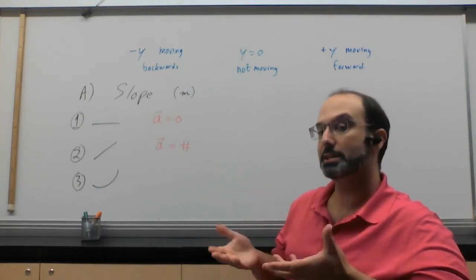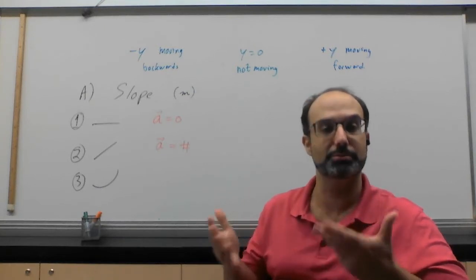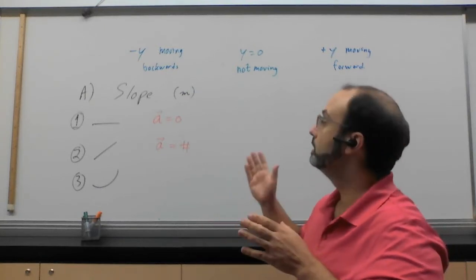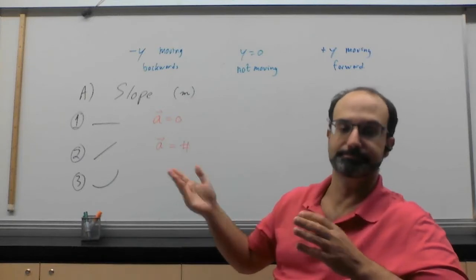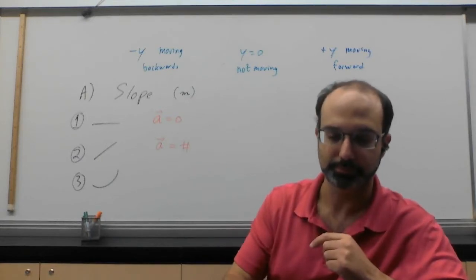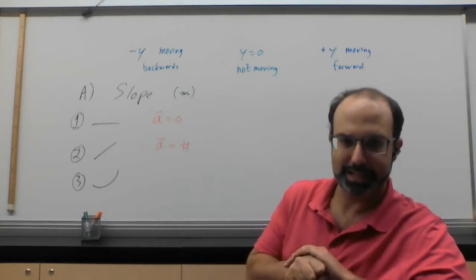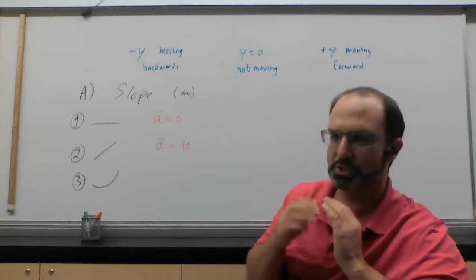In a velocity time graph, a flat line means that I am continuing to move at the same velocity. There's no acceleration involved. Now, keeping that straight in your head can take a little bit, but it's important, okay? So that's the slope part.